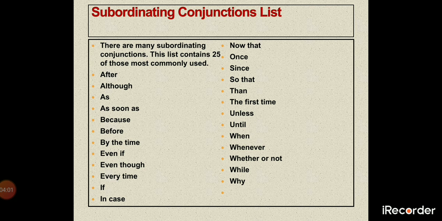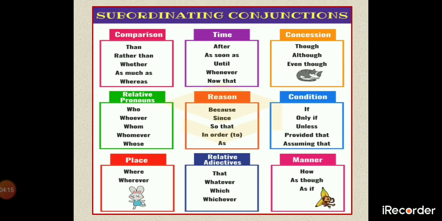There are so many subordinating conjunctions, but this list contains 25 of the most commonly used ones. This chart tells you what these conjunctions are used for.